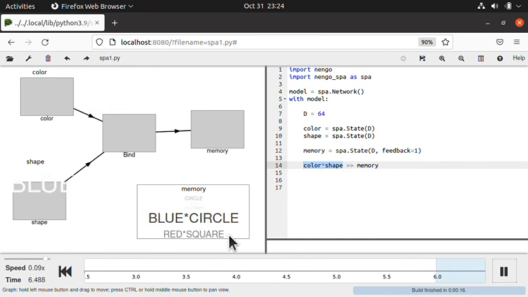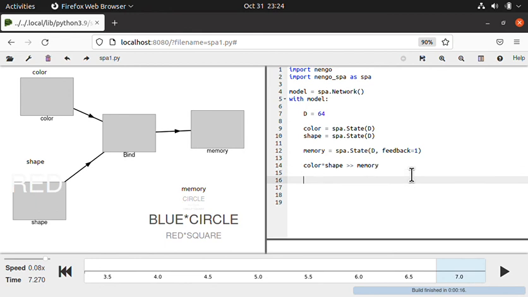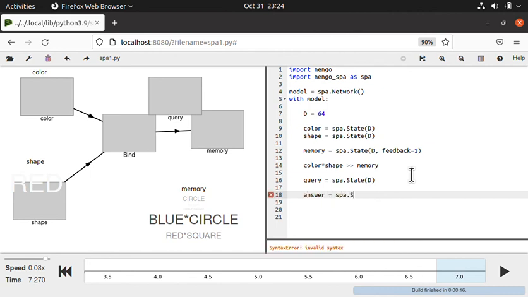Let's do one step farther. Because not only should we be able to bind information, we should be able to extract information. We should be able to query this memory. I should be able to have a vector that I can feed in that is what I want to extract out. I want an answer.